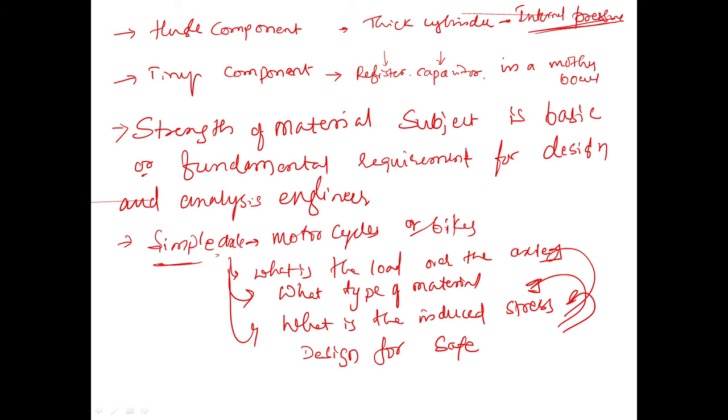So now we'll start the first chapter, which is stress. Can someone say what is the meaning of stress? Restoring force per unit area. Pardon? Sir, restoring force per unit area. Force per unit area. Okay. Any other meanings?